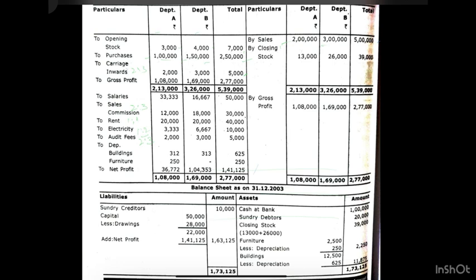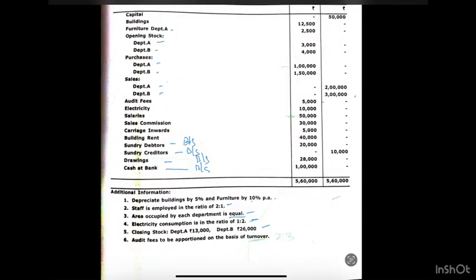Depreciation on buildings and furniture are both given. For buildings, the space ratio is to be taken. Furniture, in the problem they have given, only Department A has furniture, not B. So the complete depreciation is to be taken for Department A only. The area occupied is to be considered for the depreciation of building: 5% on the building.